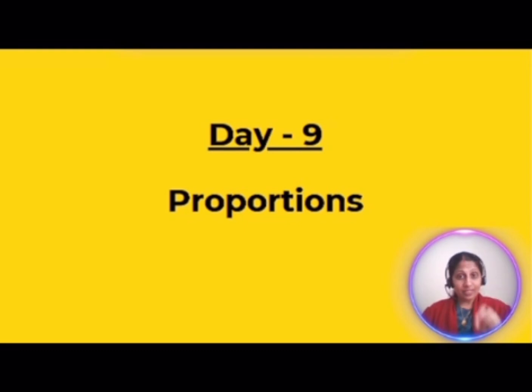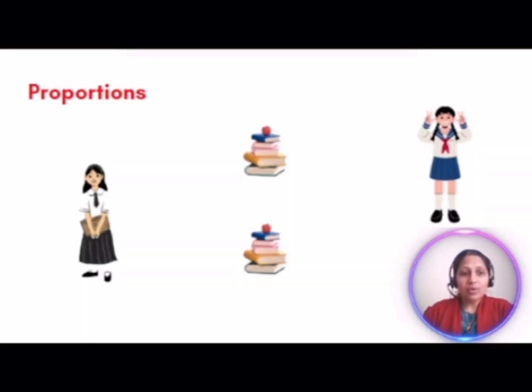In order to explain proportions, let's take the same example that we had for our ratios, which is the problem on Rhea and Rose. So this is our Rhea and this is our Rose.